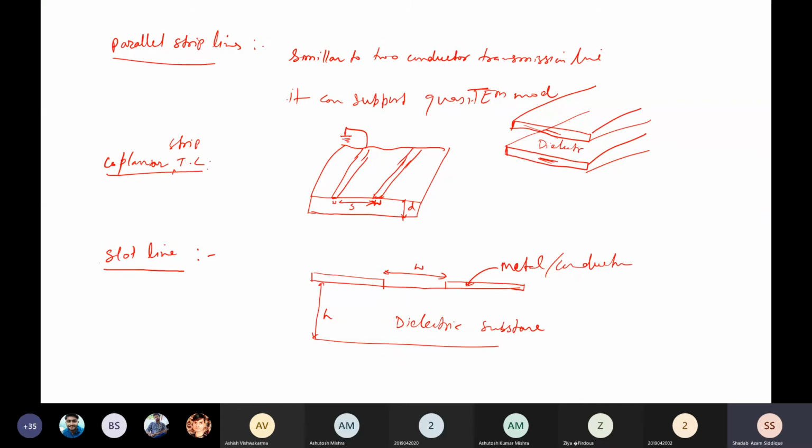I'll solve it very quickly. Let me have a blank slide.